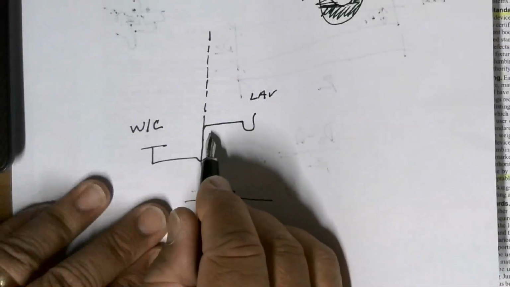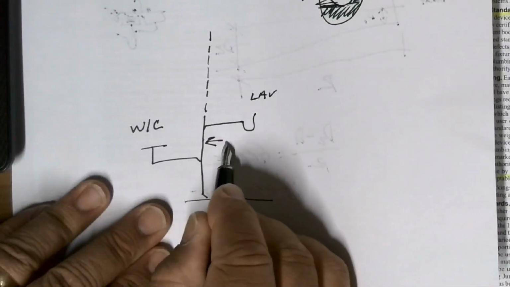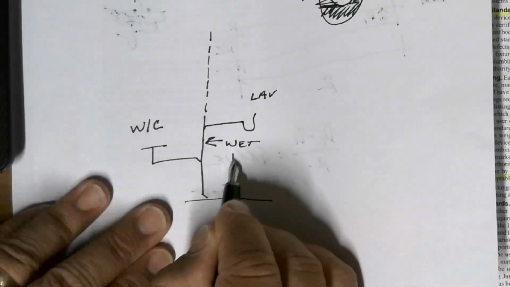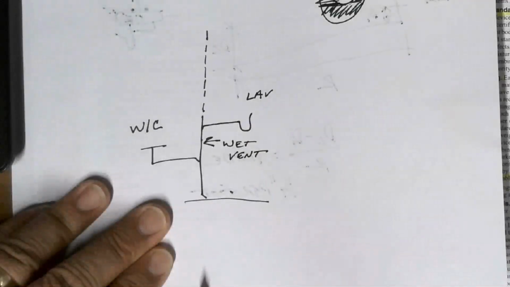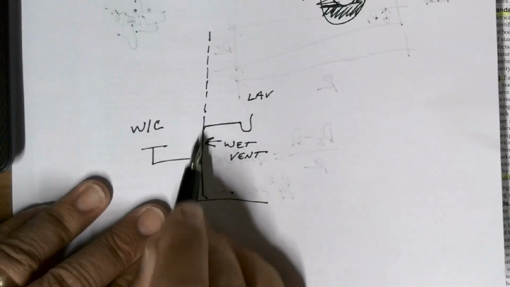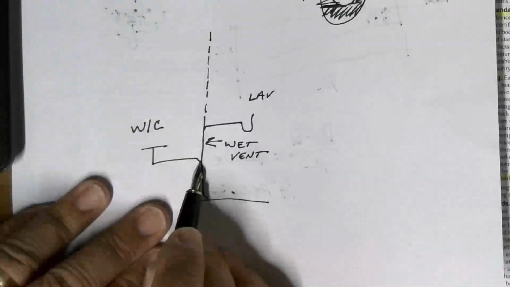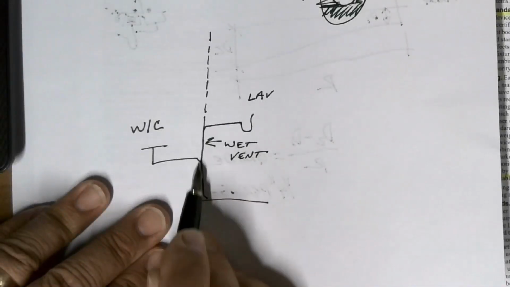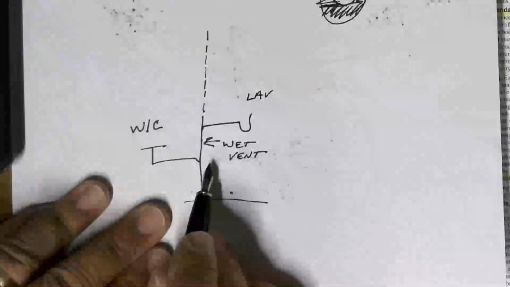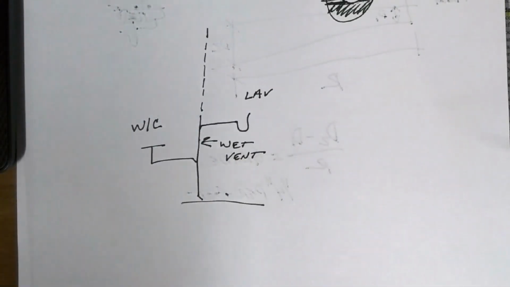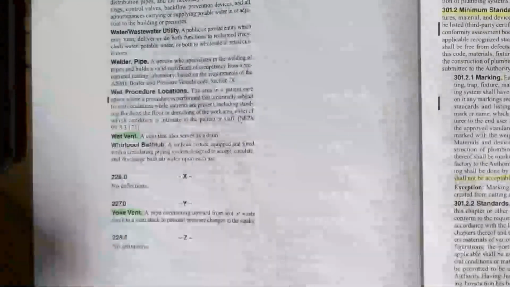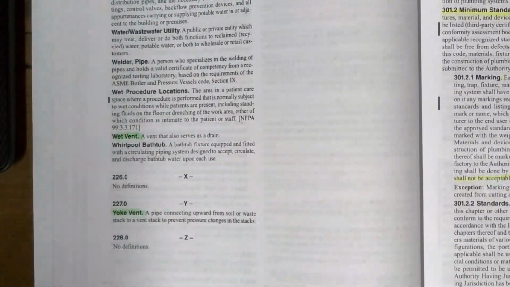This portion right here is your wet vent, from the drainage discharge to the actual drainage part here. So all of this vented portion for your water closet is the wet vented portion. We get more into that when we get to chapter 9.